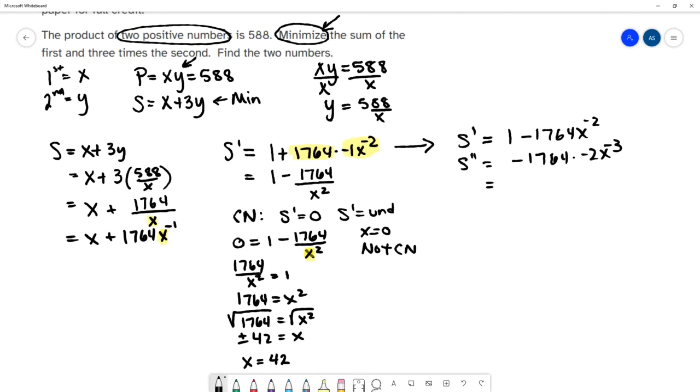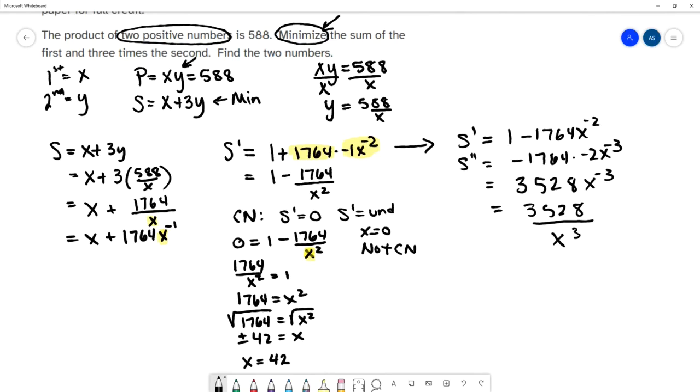That's going to be a positive. 1764 times 2 is 3,528 x to the negative 3, or 3,528 over x cubed.